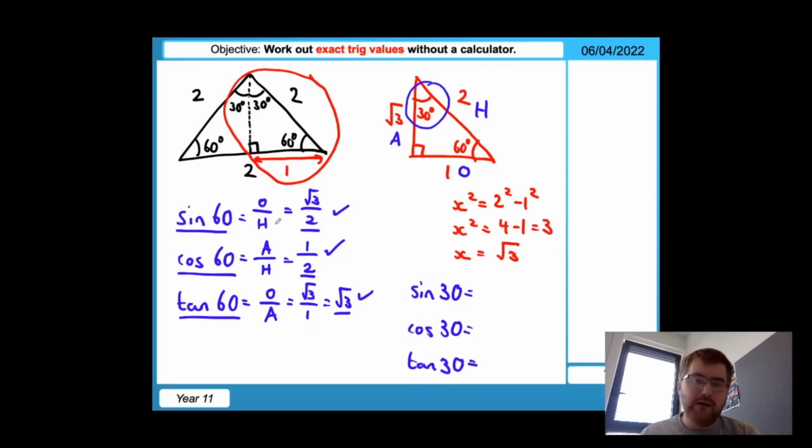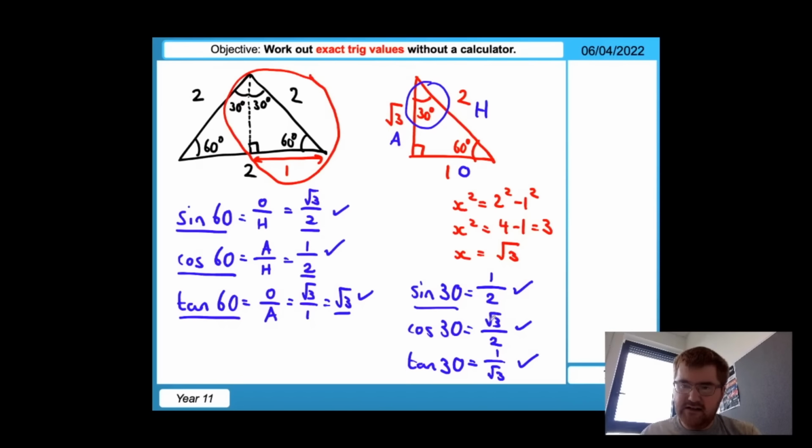So sine 30 is equal to opposite, which is 1, divided by the hypotenuse, which is 2. So sine 30 is a half. Cos 30, well, that's equal to adjacent, which is root 3, divided by 2. That's that one. And then tan 30, that's equal to opposite, which is 1, divided by the adjacent, which is root 3. And that gives me my last exact value.